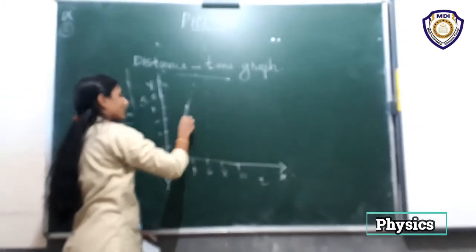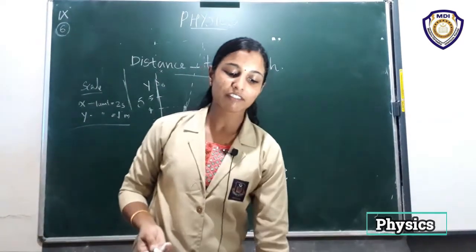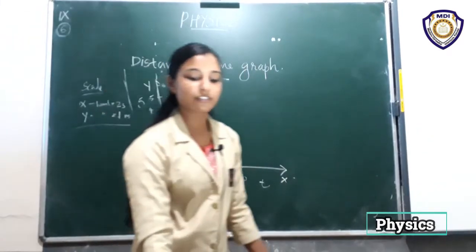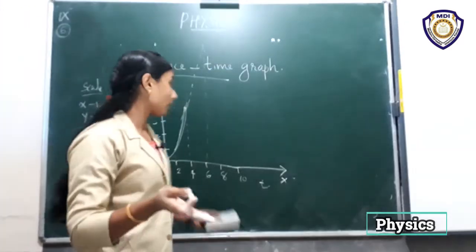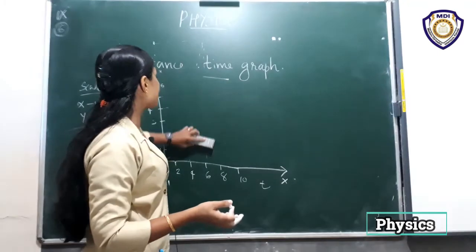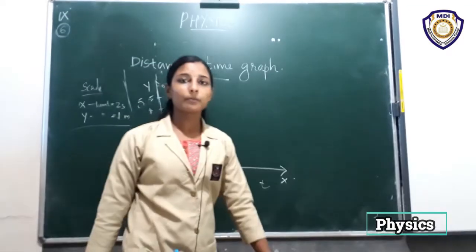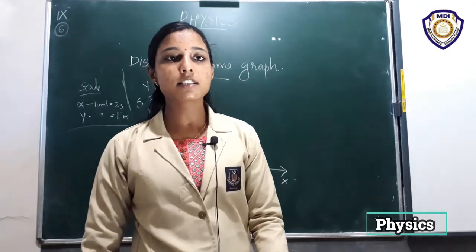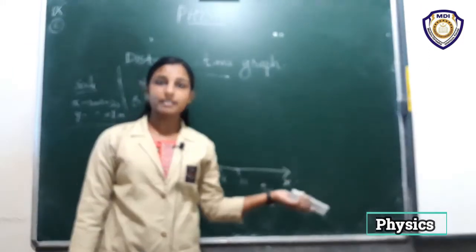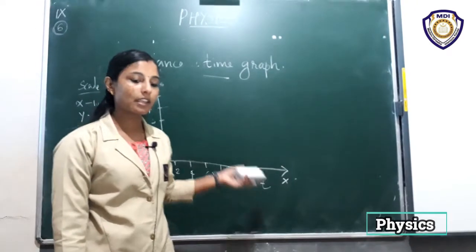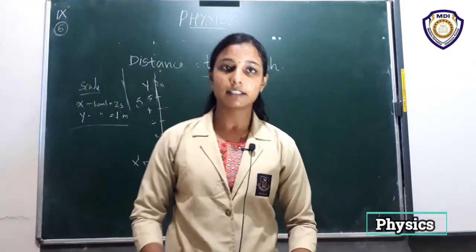So this graph will move like this, right? Here in your textbooks the graph is going like a curve. This only says non-uniform speed. If an object is in uniform speed, the graph will be a straight line. The graph says only those things.